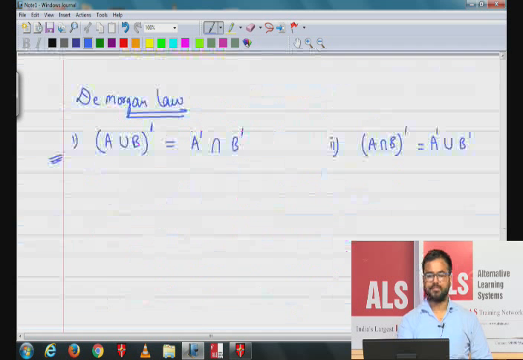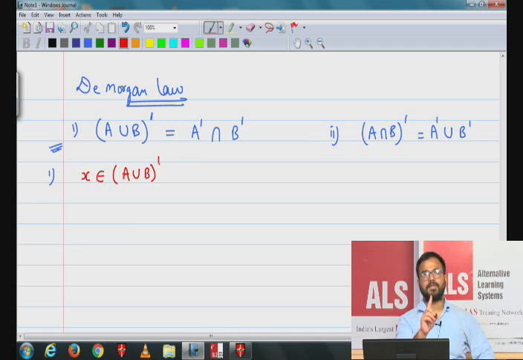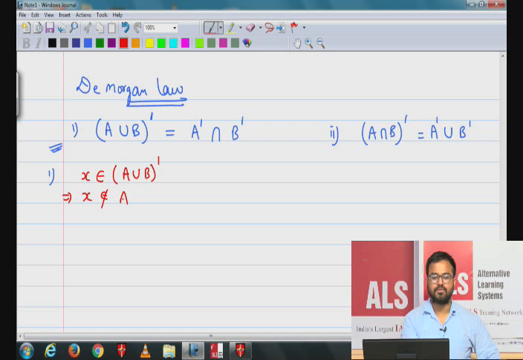So let us do the first one. First let us say that x is an element of the left hand side, (A union B) complement. If you remember, x belongs to complement of A means x does not belong to A. So it implies x does not belong to A union B.